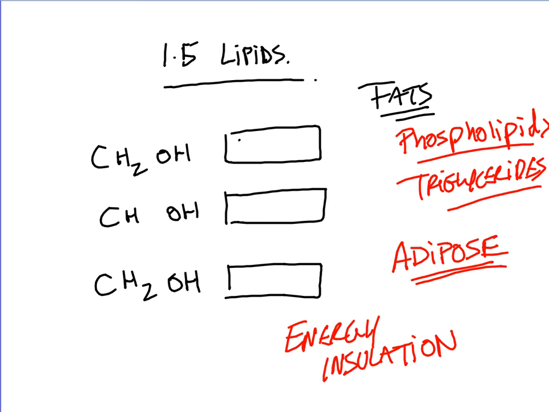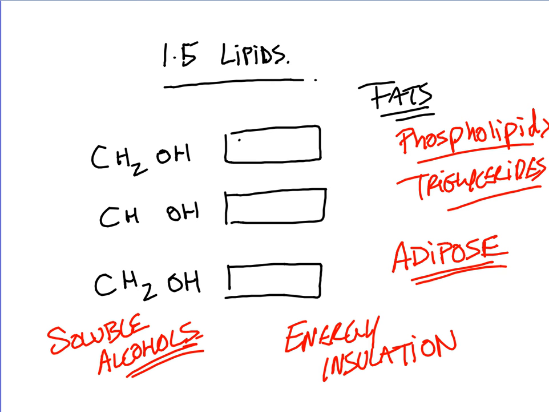Fundamentally, a lipid is insoluble in water, and that's going to become important later when we look at membranes and phospholipids. If it's insoluble in water, generally these lipids will be soluble and dissolve in other solvents like alcohols. That will become important when we look at the food test in a second.